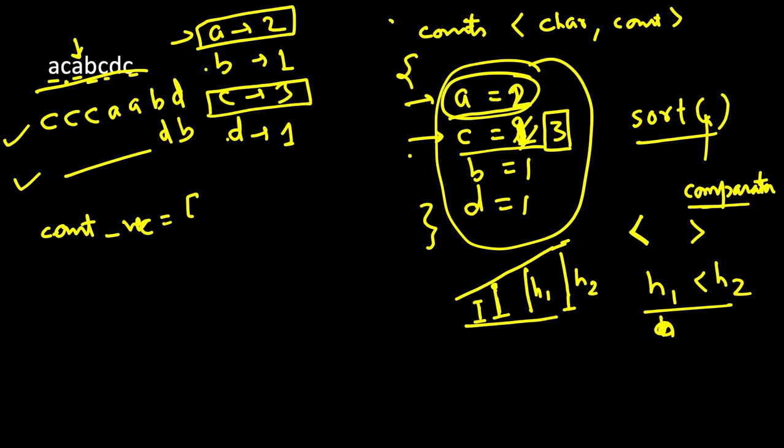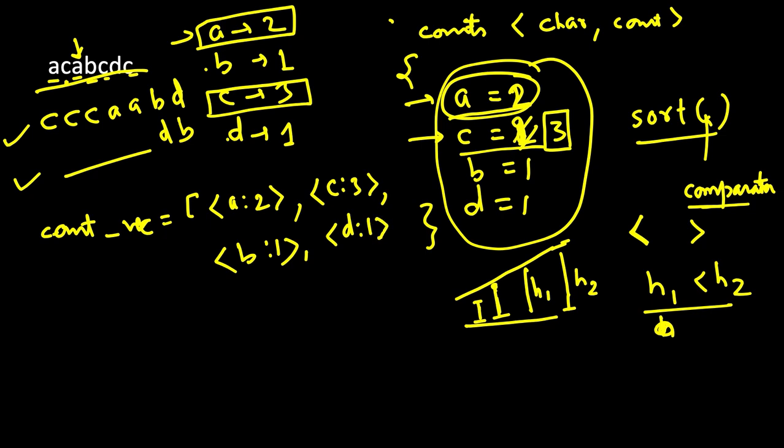First, we will put everything in the count vector, where each element will be one key value pair: A2, C3, B1, and D1. So now this is the vector, and we will sort it.